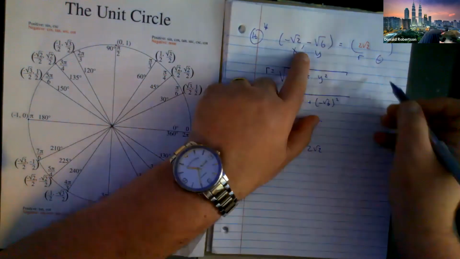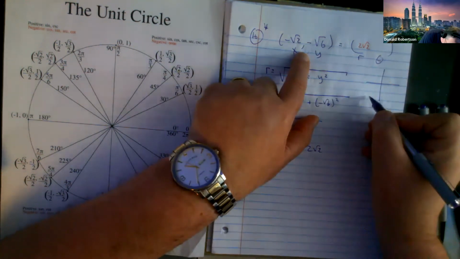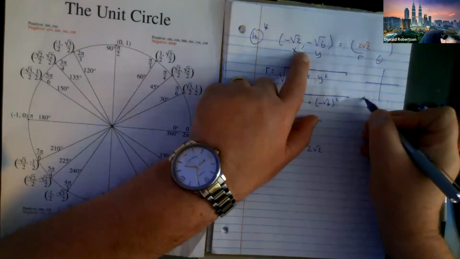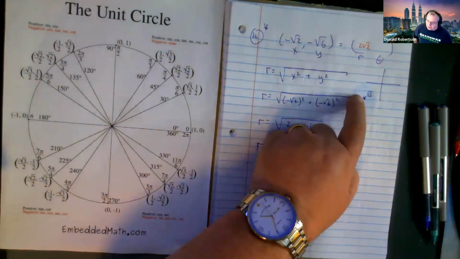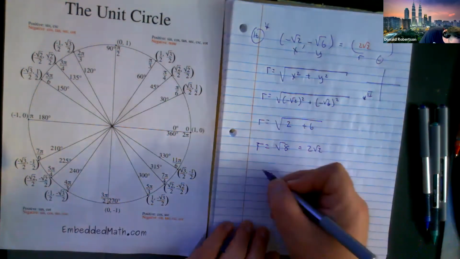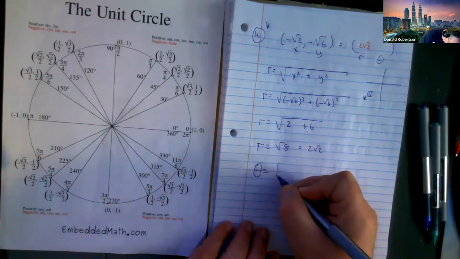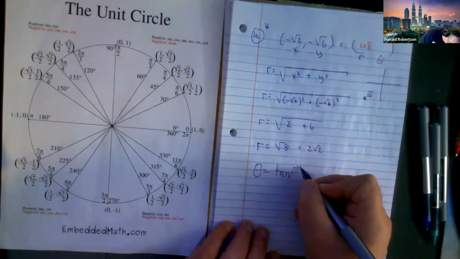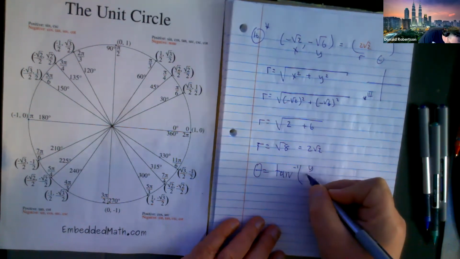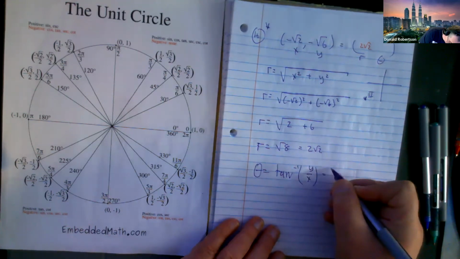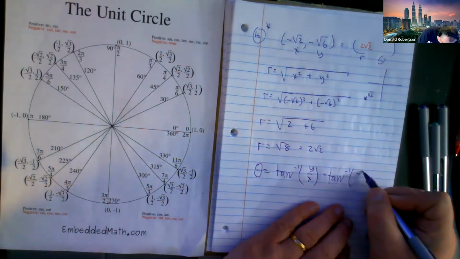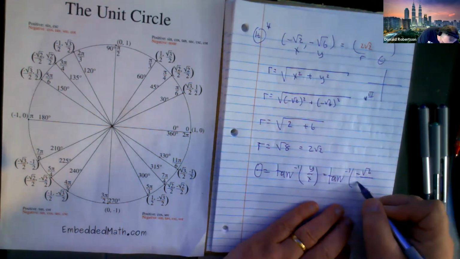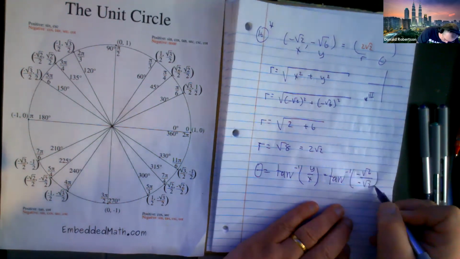Now, if I do a very, very primitive sketch, this guy is over here, isn't he, in the third quadrant? Right? Third quadrant. So when we go looking for the angle, which you can get by taking the inverse tan of y over x, which is going to be the inverse tan of -√6 over -√2.